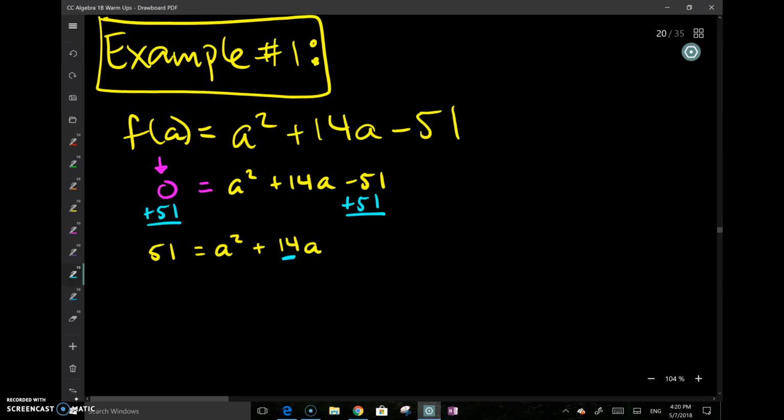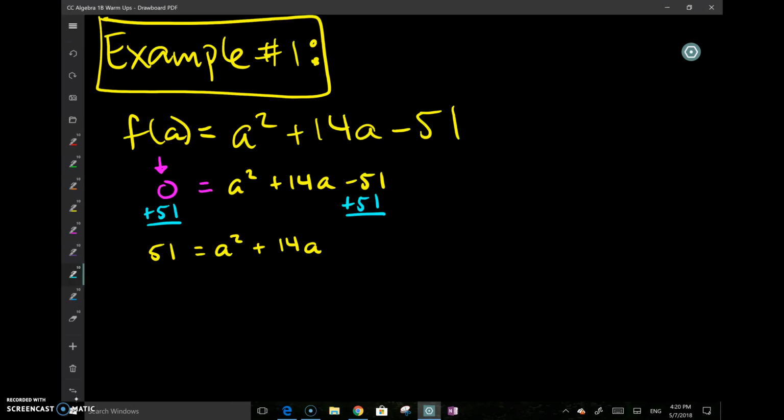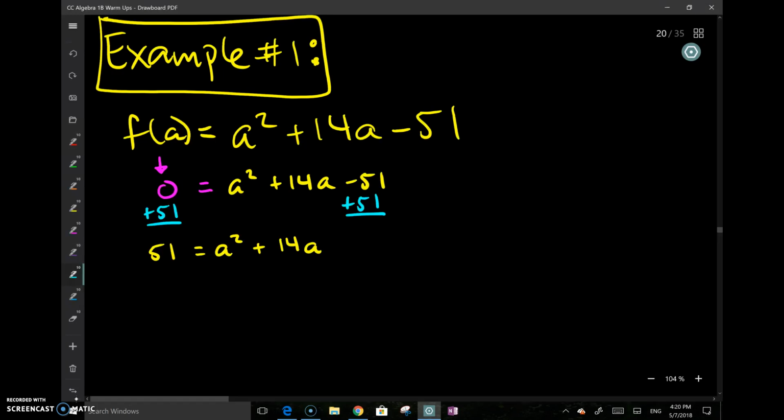Now, there's a reason for this, but I will not explain that in this video. If you want to know why, I have a great link, and I'm also planning to make a video about that, so please watch out for that. But anyway, you divide your b value by 2. So 14 is my b value, divide that by 2, and then you square it.